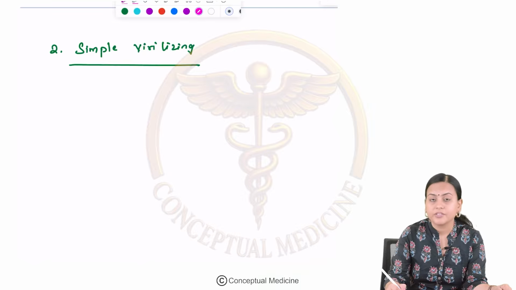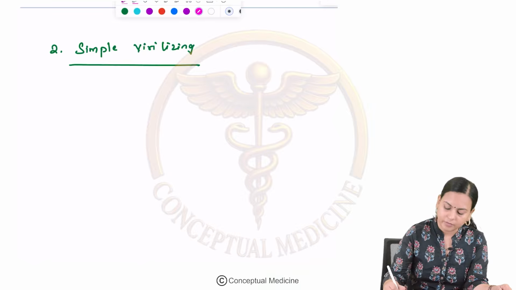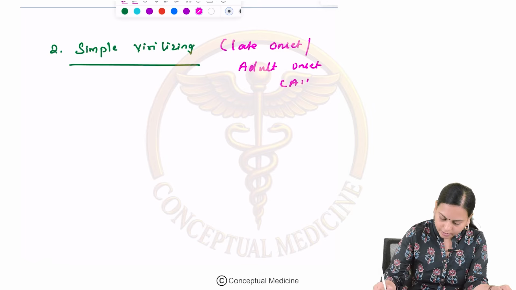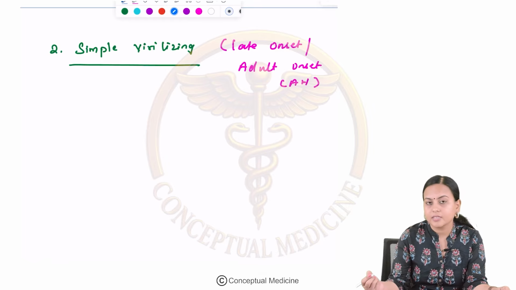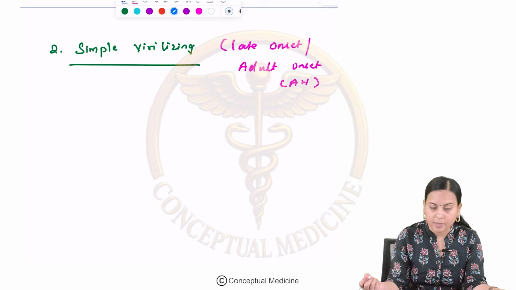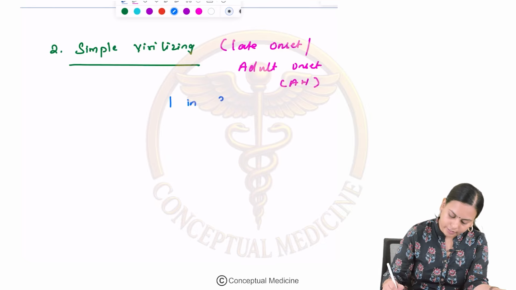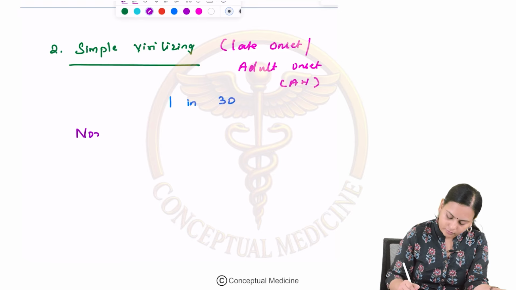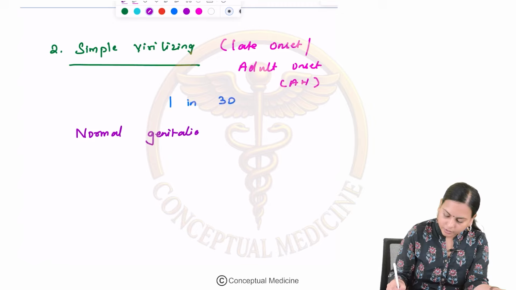Now, let's see the second type, which is the simple virilizing type of congenital adrenal hyperplasia. This is what I mentioned as a cause of secondary amenorrhea, that is nothing but a late onset or adult onset of congenital adrenal hyperplasia. The incidence of this type will be seen in 1 in 30. They usually have normal genitalia at birth.